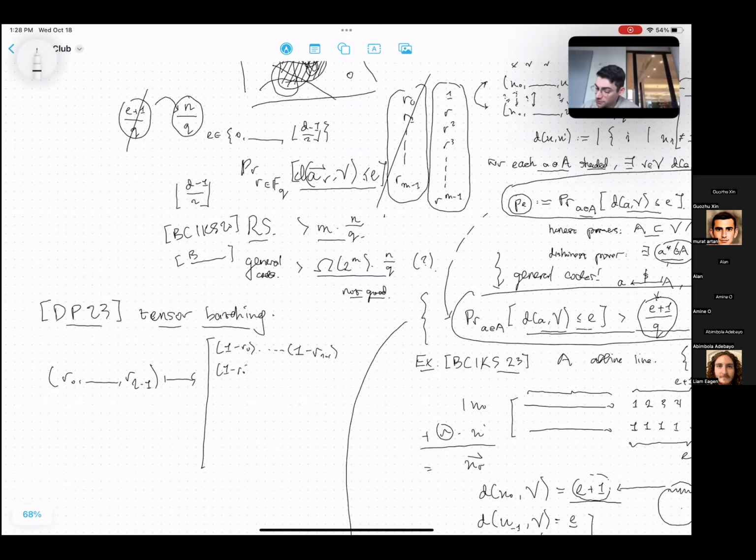So 1 minus r0 times r_{l-1}, and so on, and at the very end, you just have the product of r0 through r_{l-1}. So this thing is exactly the multilinear Lagrange basis being evaluated at this point. I won't say more, but it's a pretty familiar object.